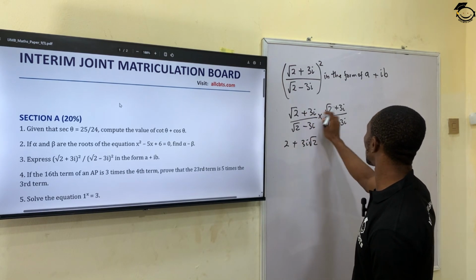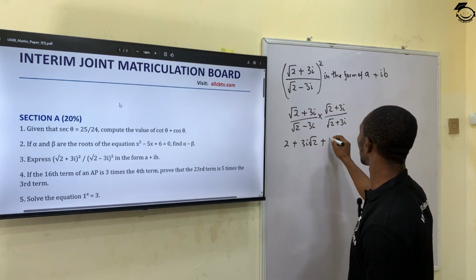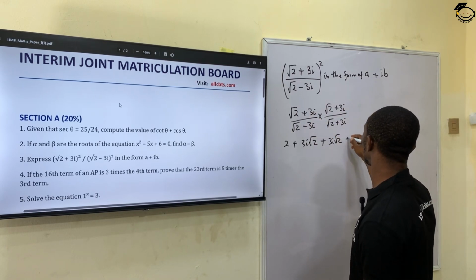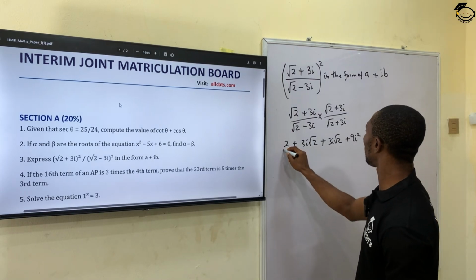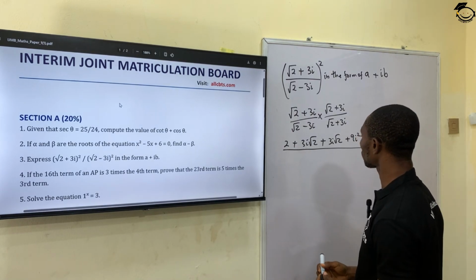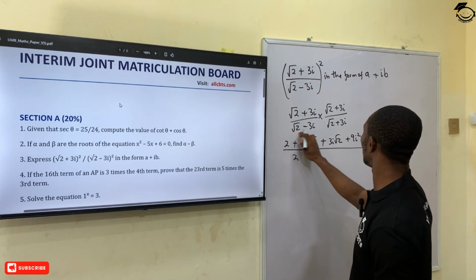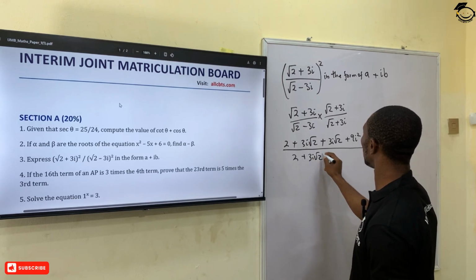Now, this times this will give us plus 3i root 2. And this times this will give us plus 9i squared. Okay, all over this times this will give us 2. This times this will give us plus 3i root 2.